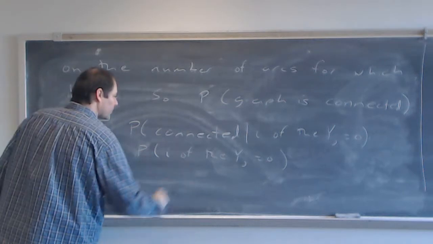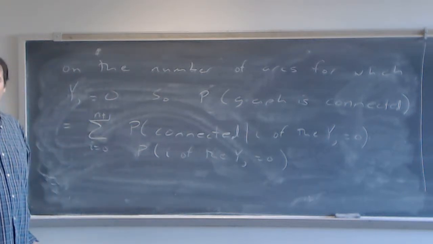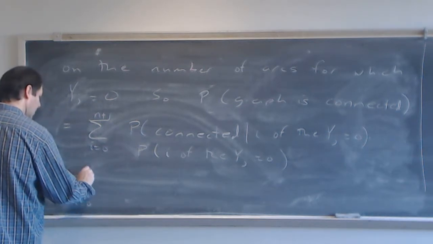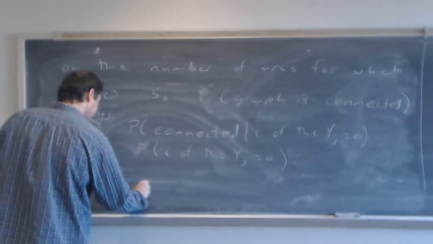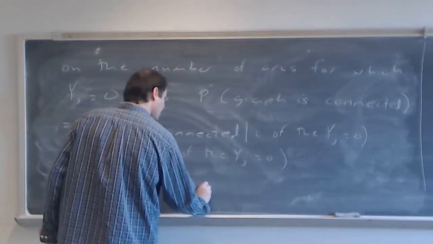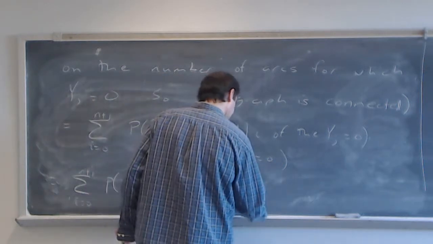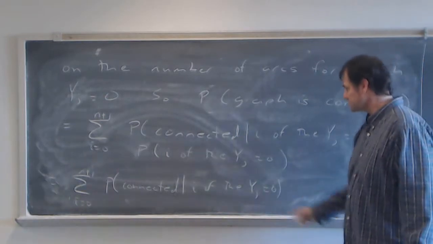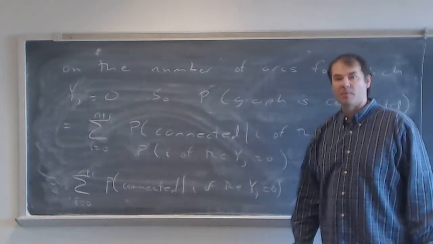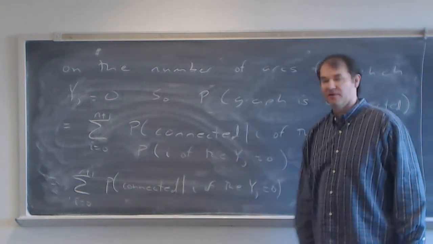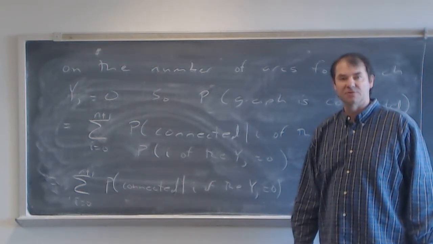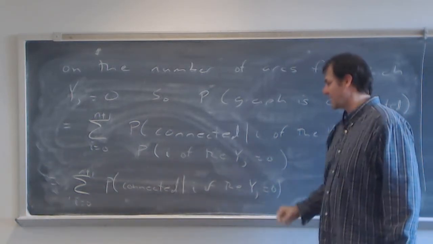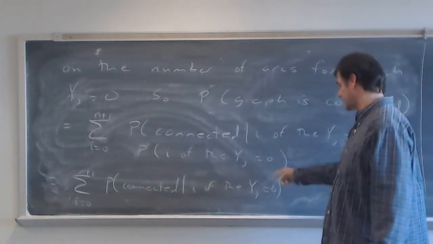Now I know the probability that exactly I of the y sub j's are equal to 0. So this is the sum as I runs from 0 to n plus 1 of the probability connected given I of the y sub j equal to 0. Here we can think of this as a binomial random variable where we count a success if the node is sent to the supernode. How many ways could exactly I of these ordinary nodes be sent to the supernode?